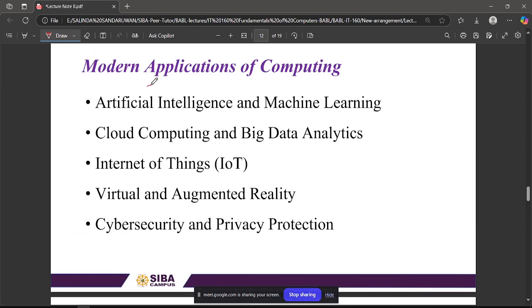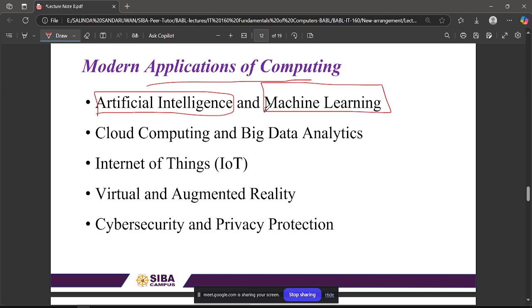And modern applications of computing. Nowadays we are using artificial intelligence, it means the AI tools and machine learning. So these are intact. And also cloud computing and big data analytics. When it comes to cloud computing, we have separate applications. Gmail works on a cloud based server, right?